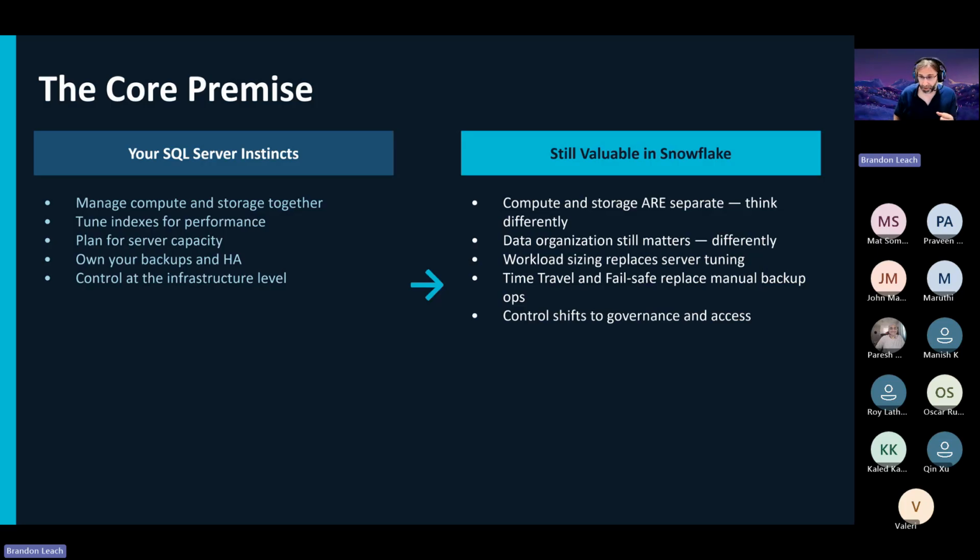So for example, in SQL Server, when we provision an instance, whether it's physical or virtual, we're concerned with CPU, memory, and I/O, all three tie together. If you tweak one, it has an impact on the others. For example, if you add memory, you might see that your I/O improves.